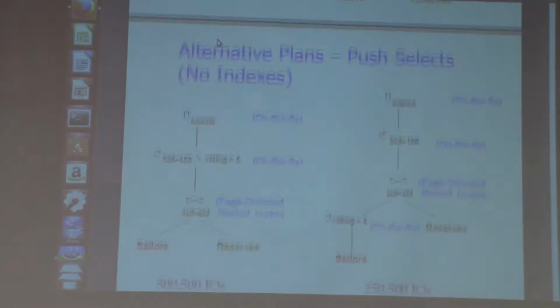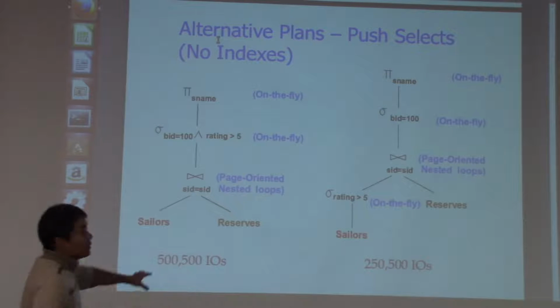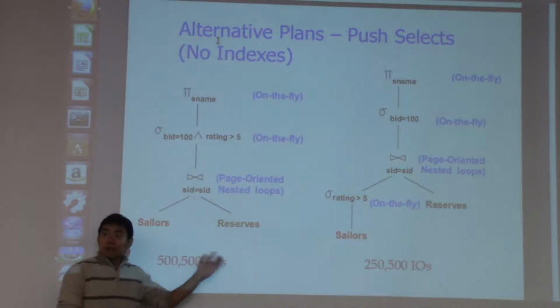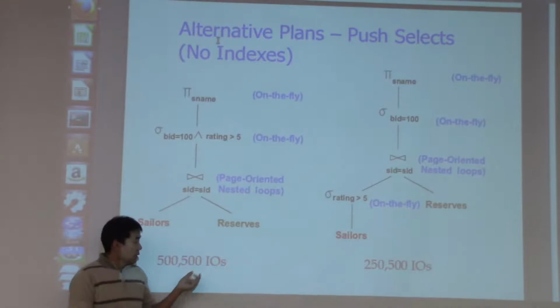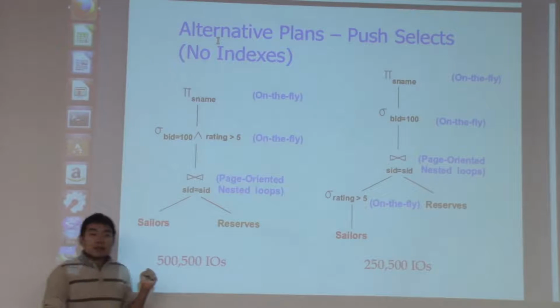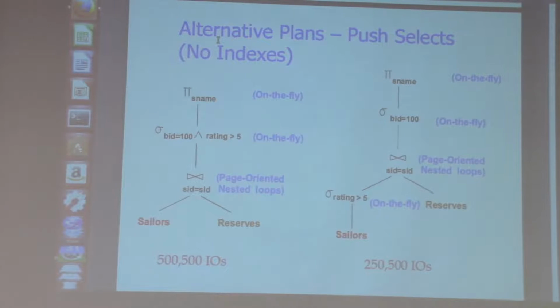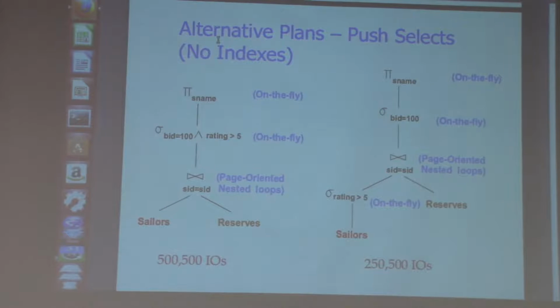Can we optimize this? Well, yes, we can. We can look at some alternative plans. For example, we can push down the selection. So remember, this is the base case, right? We start from here, which is pretty much 500,000 IOs. If you do the math, each IO, let's say, is 1 millisecond, typically, right?